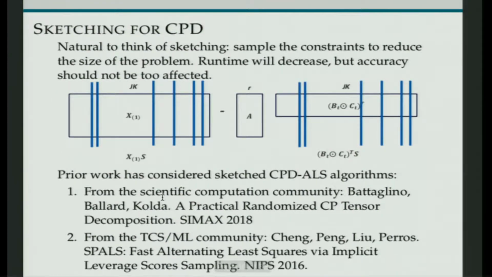There you go. Okay, so prior work has considered sketch CPD ALS algorithms, so there's several. I picked these two representative. So the first sort of line of work is in the scientific computation community. So the latest paper that I saw there is this randomized CP tensor decomposition paper by Kolda and co-authors.